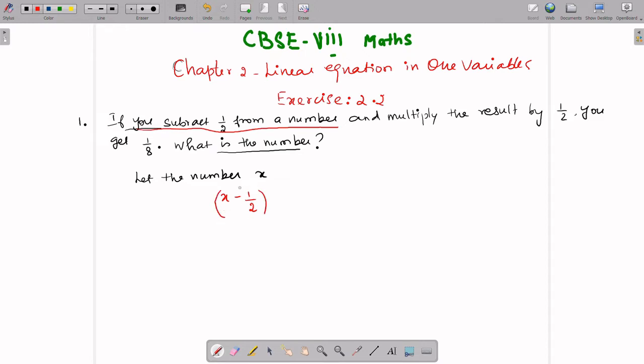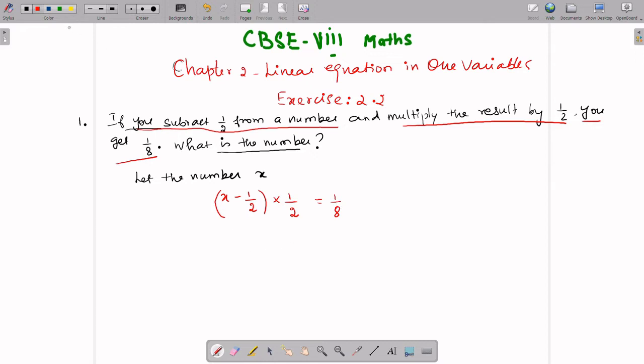That is our given condition. If you do this calculation, you get 1 by 8.